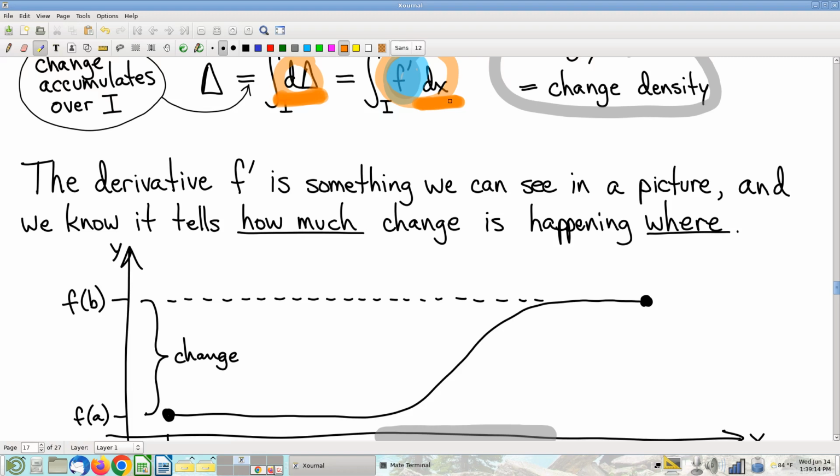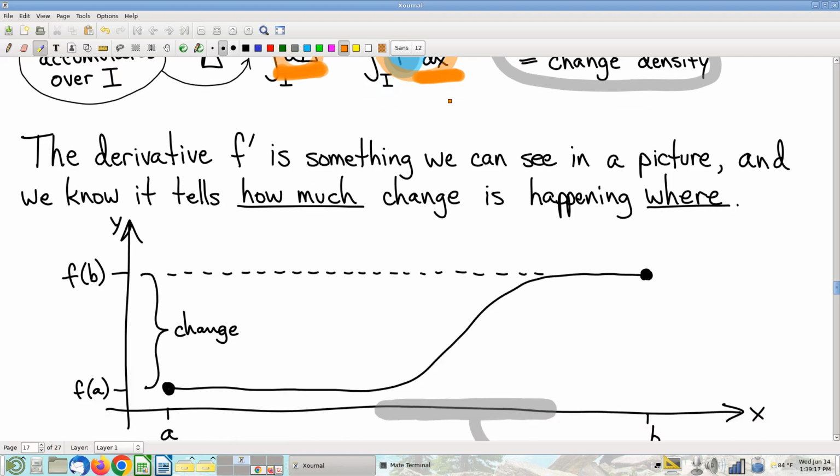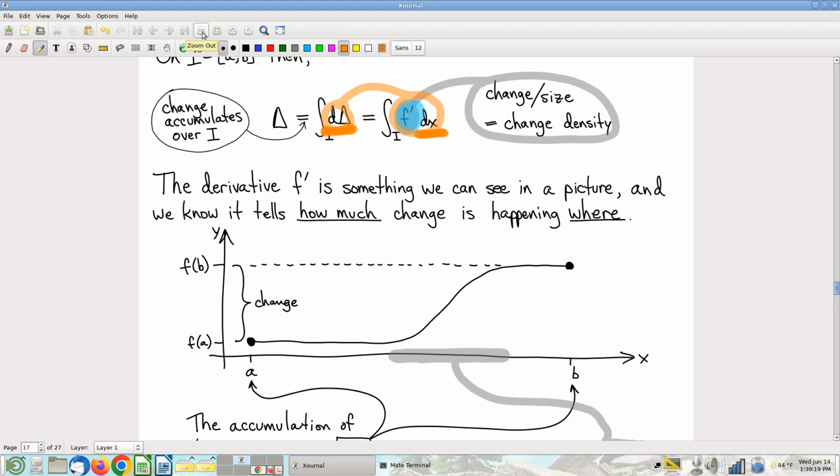And let me draw that picture here. I'm going to zoom out just a notch, and we will look at a little piece of this curve right there, and there's my output change, and there's my input change, dx.